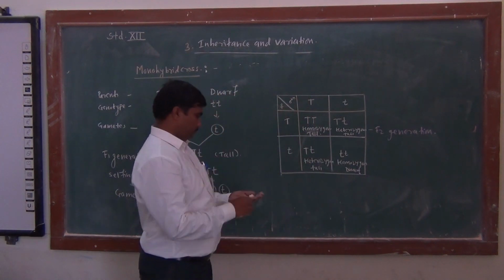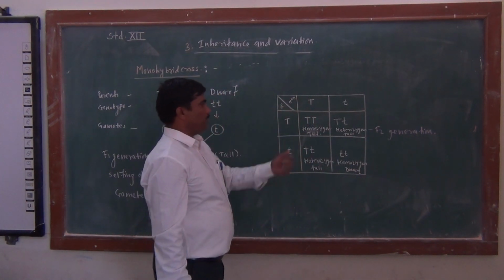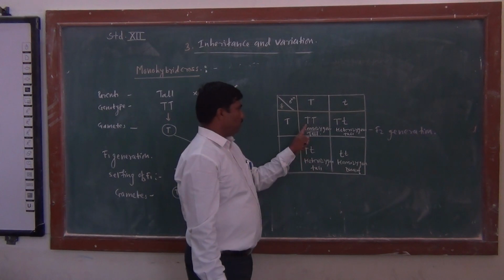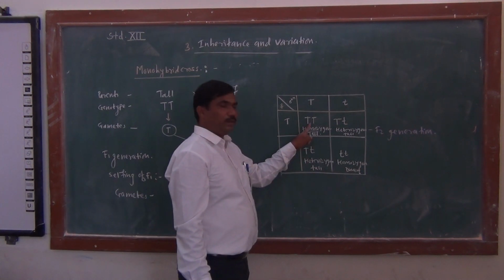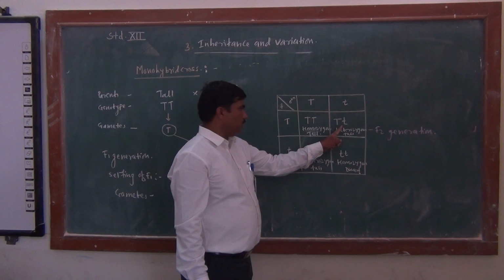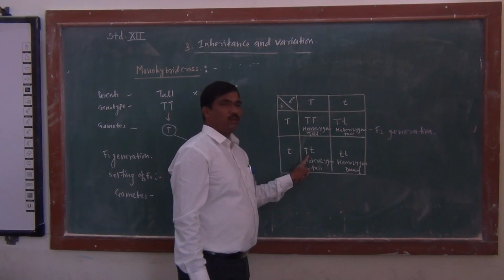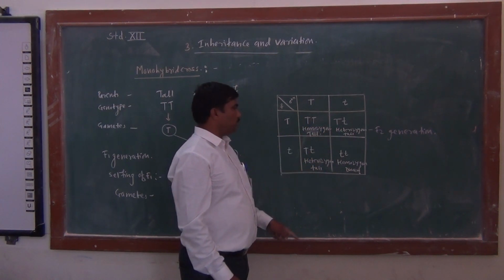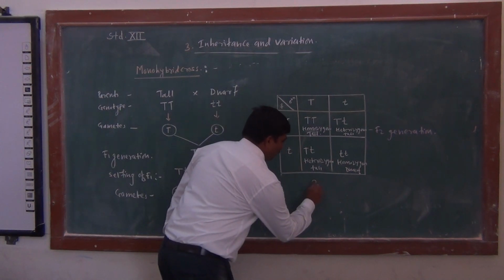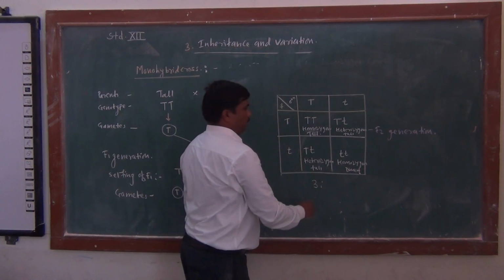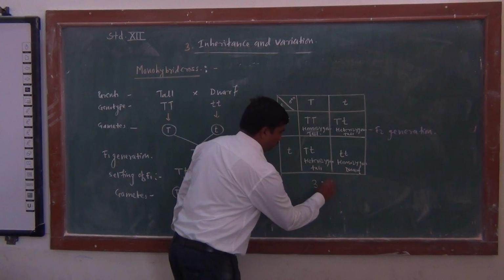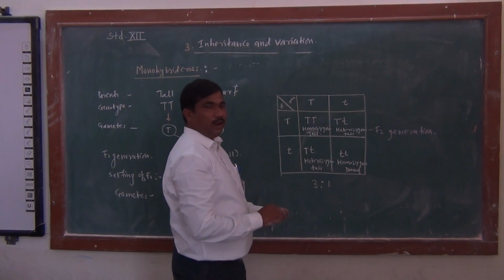If you observe these offspring, the first offspring is tall, this is again tall, and this individual is also tall. So we get 3 tall and 1 dwarf.